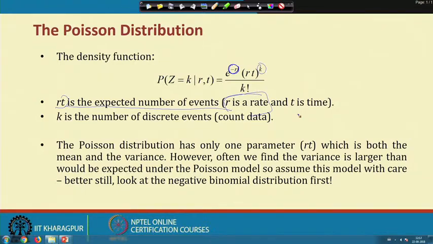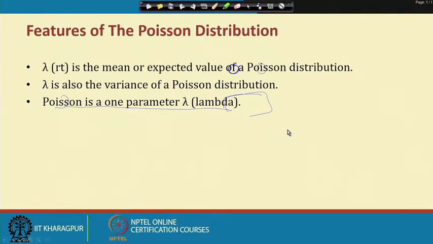So, as far as count data modeling is concerned in the first instance, you have to go to this structure, which I have already highlighted. Lambda is the Poisson distribution parameter, and we like to find the mean and variance of this parameter and check whether they coincide or not.